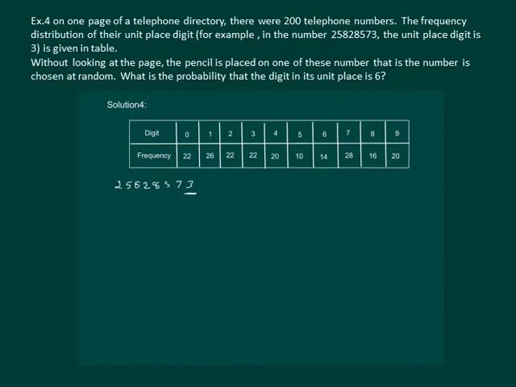In other words, we can also say that on that particular page of the telephone directory, there are 22 numbers which end with digit 3.